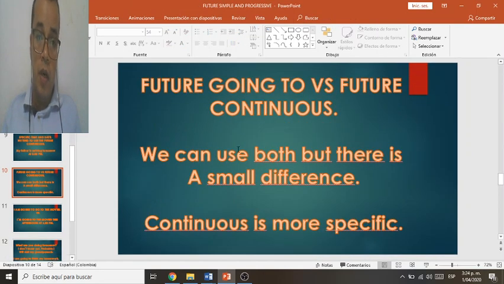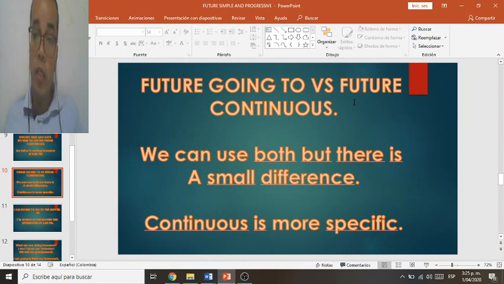So, now I was telling you that future going to and future continuous are most likely synonyms, but there is a small difference. Actually, when you're speaking and you use the future going to and it's supposed to be the future continuous, it doesn't matter. Cuando estén hablando y utilicen el futuro going to y se supone que era el futuro continuo, eso no importa. Las personas les van a entender.